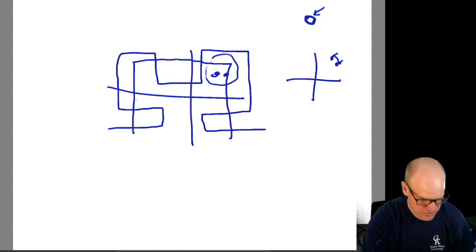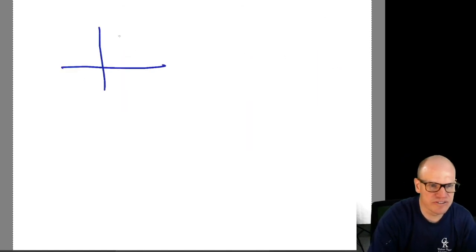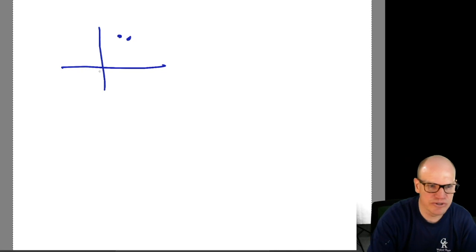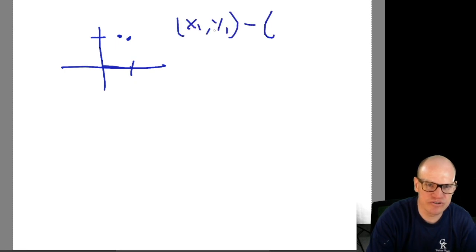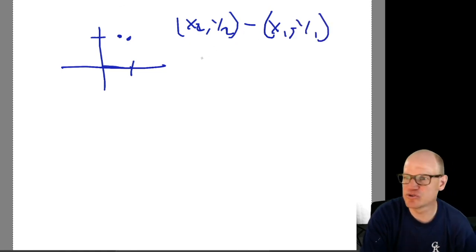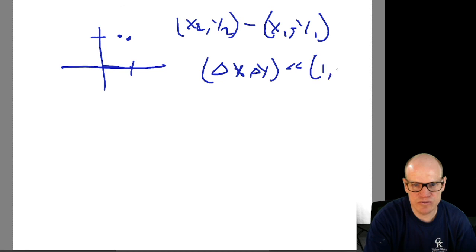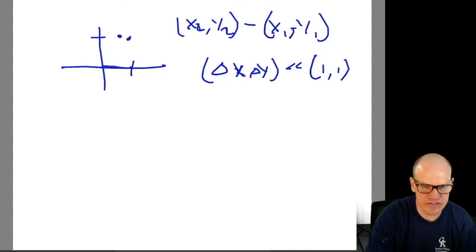You say these points are close together in 2 dimensions, and the way you can tell is that if you take point 2 minus point 1, (x2, y2) minus (x1, y1), you get 2 small numbers, delta x and delta y, which are much, much less than 1. So it's a small quantity, that uncertainty.